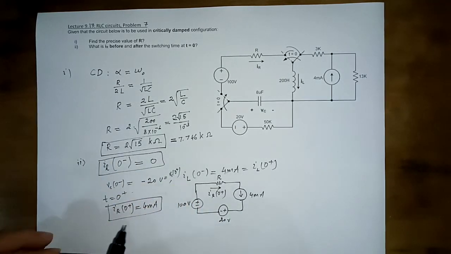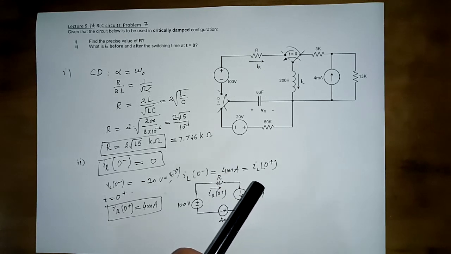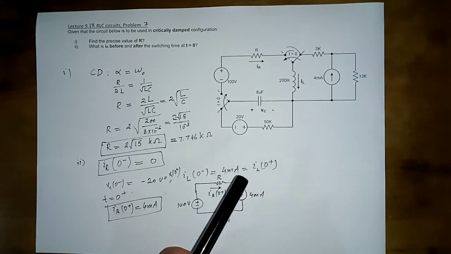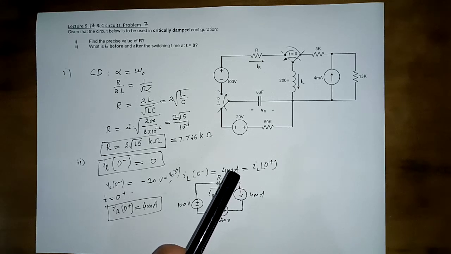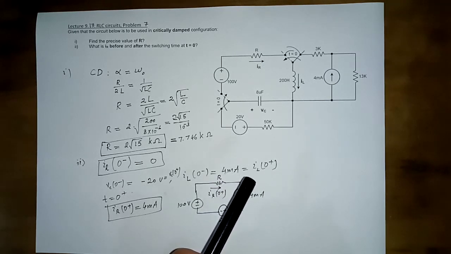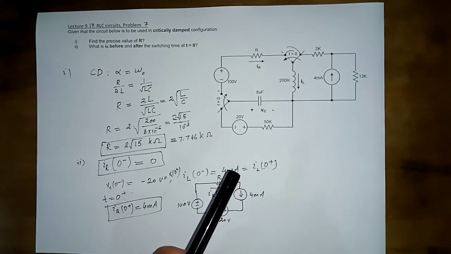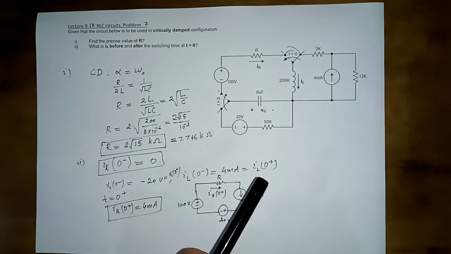So with this circuit, I have shown you that even if the circuit looks like a lot of components, some parts of the circuit may be discarded because of switching, and whatever is left is either a series RLC circuit directly, or can be resolved to a series RLC circuit, or a parallel RLC circuit, in the natural response configuration or a forced response configuration.